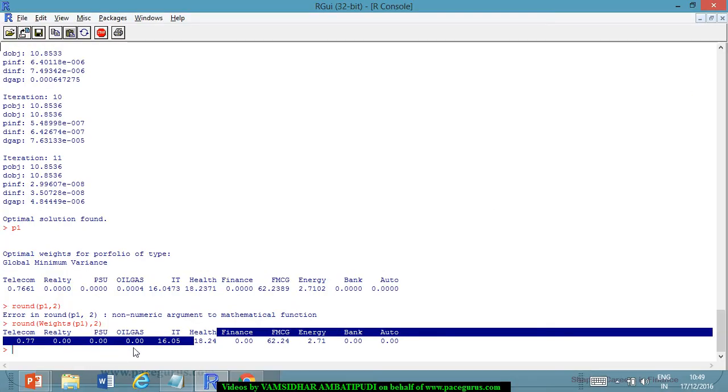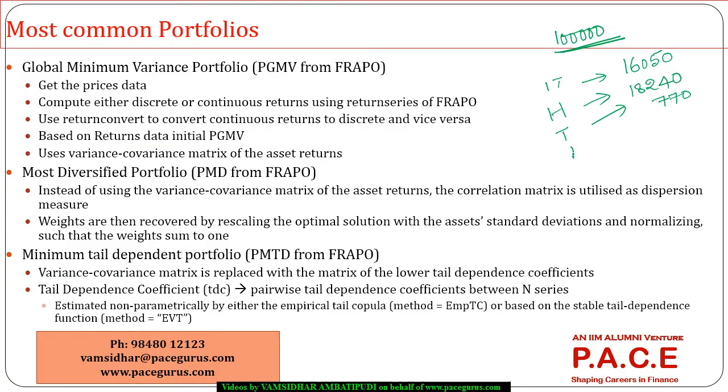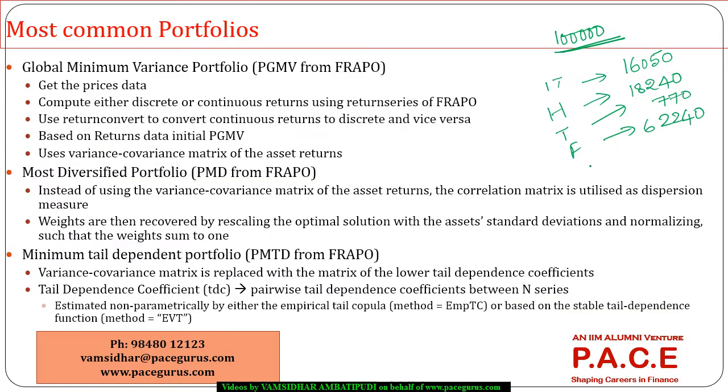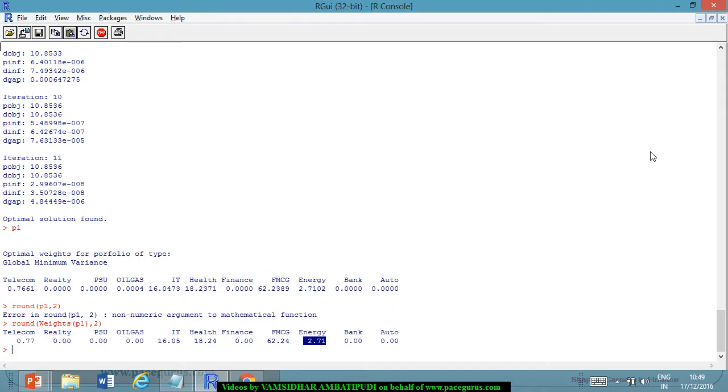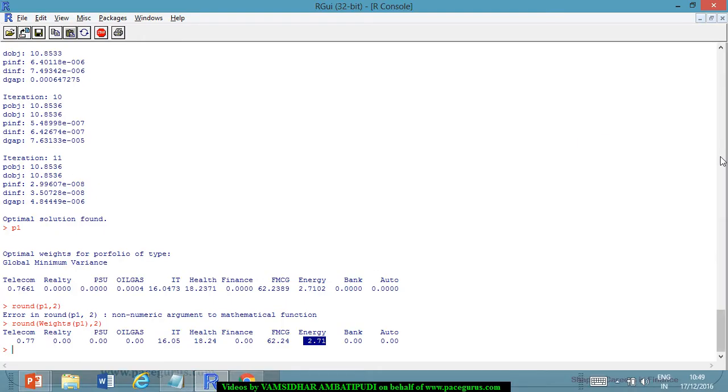Realty nothing, PSU nothing, oil and gas nothing, finance nothing, but FMCG constitutes very heavily in my portfolio. 62,240 bucks I'm investing in FMCG itself if my overall variance has to be minimum most. And energy wise, I'm investing around 2,710. So that's how my overall thing is going out to 100,000 as per this portfolio allocation method.